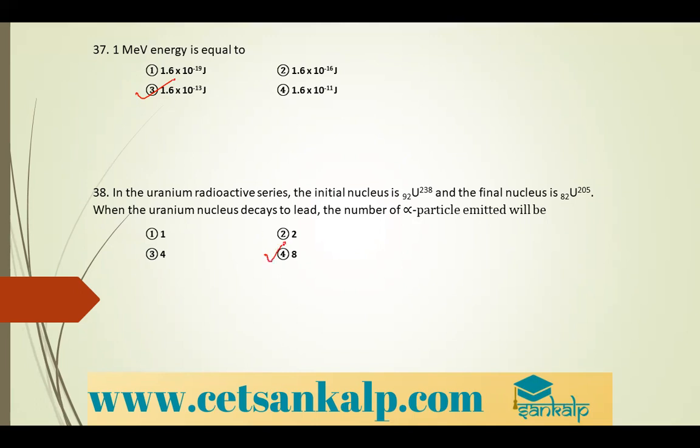Option 4. In the uranium radioactive series, the initial nucleus is uranium 238, 92 and final nucleus is 206, 82. When the uranium nucleus decays to lead, the number of alpha particles emitted will be 8.